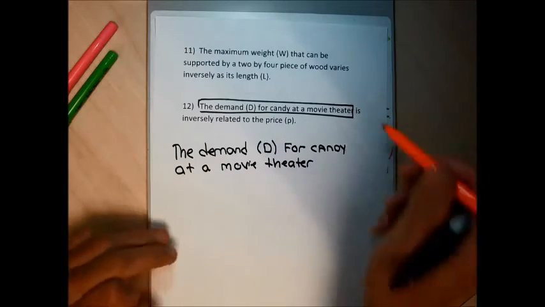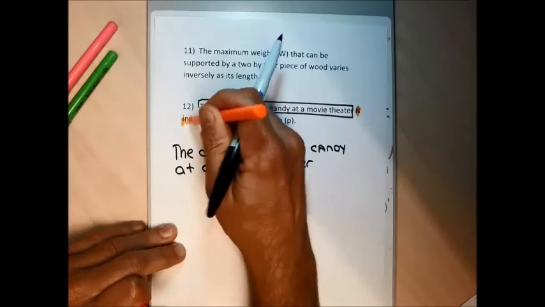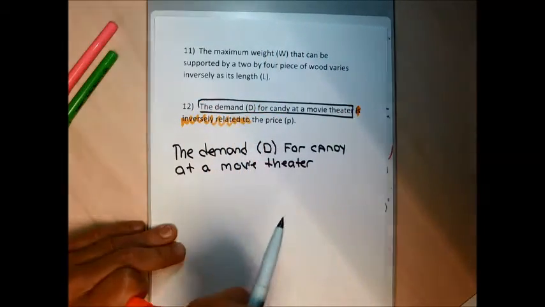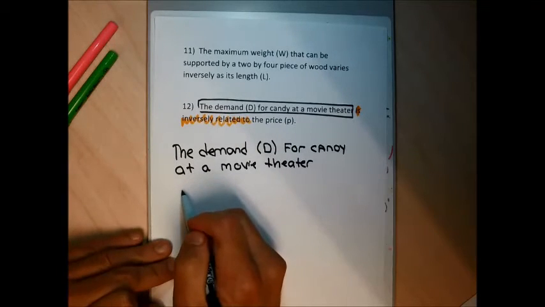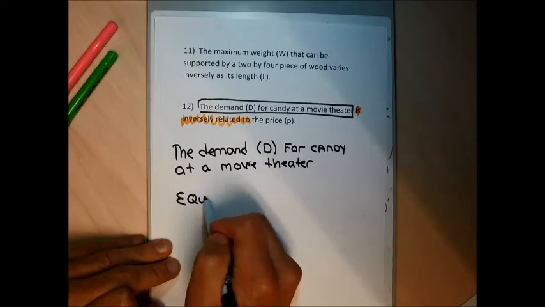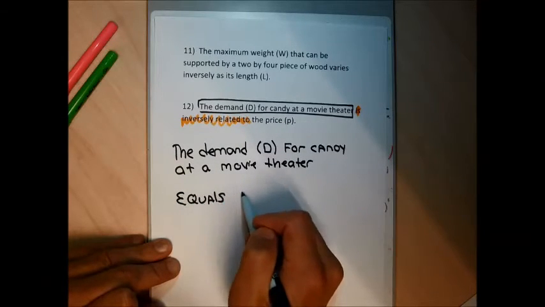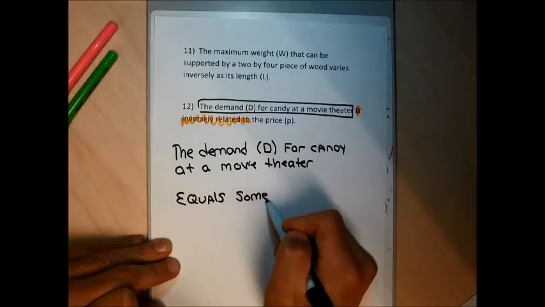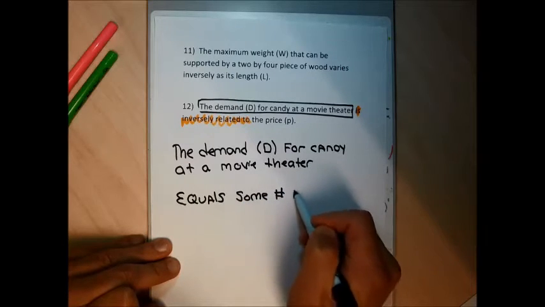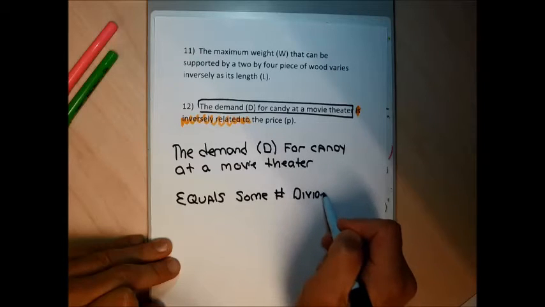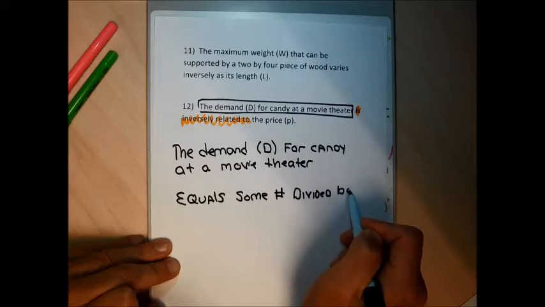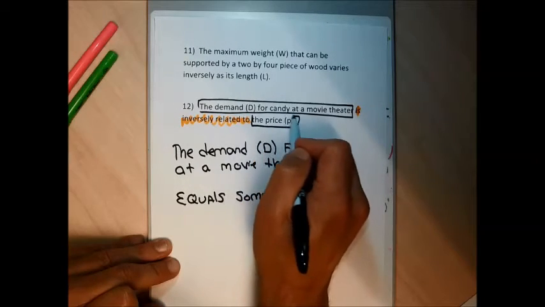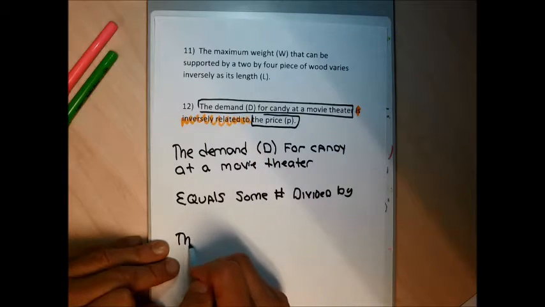And then I'm going to use the words is inversely related to, and those I'm going to change to equals some number divided by. And then the last words I'm going to focus on the price P.